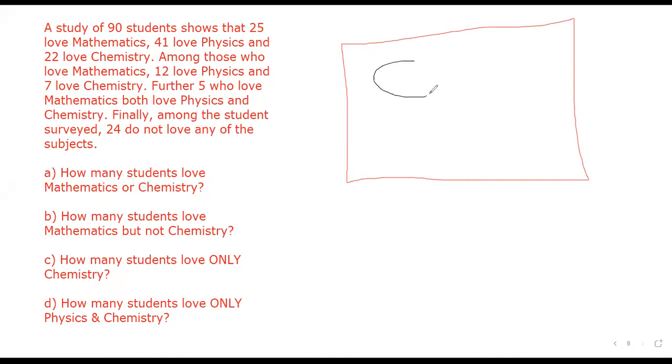What do we do? Let's illustrate in the Venn diagram. What are we going to consider? And find the sets that are there. There are going to be 3 sets for maths, physics, and chemistry.